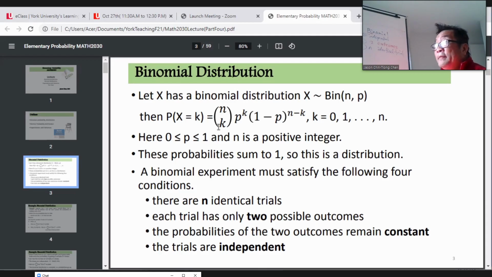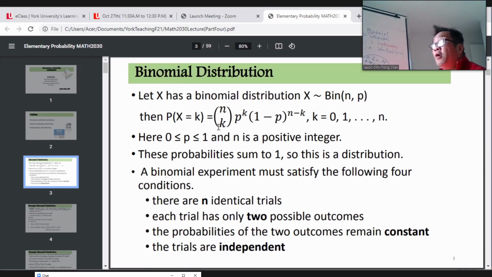If you want to use an unfair coin, it means maybe 60% is head, 0.4 is tail. So if you use an unfair coin, that means every one of the n times you have to use the same unfair coin. You cannot use a fair coin one time and an unfair coin the other time.